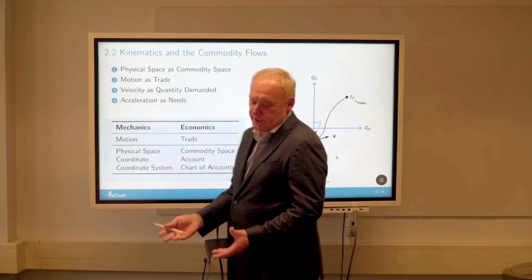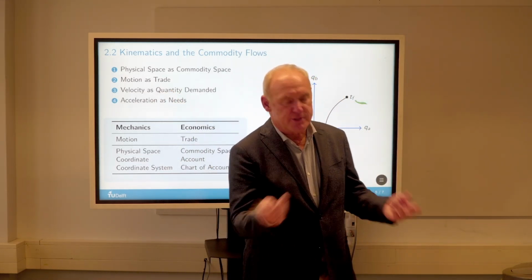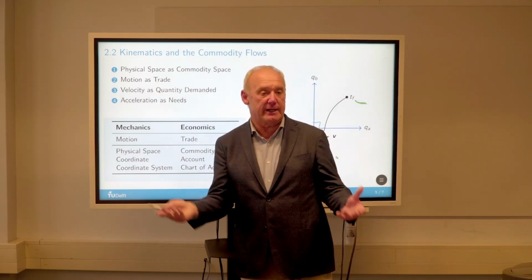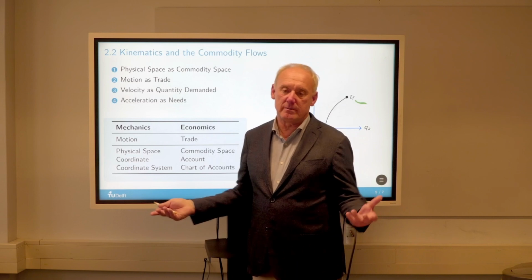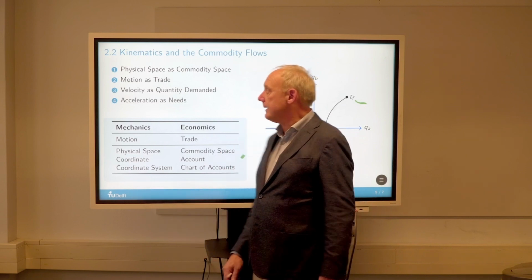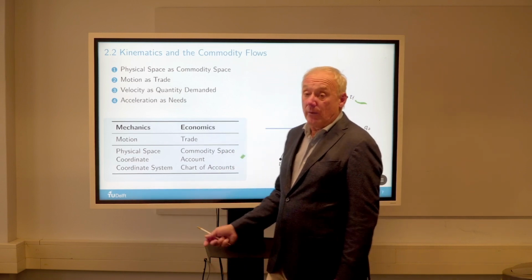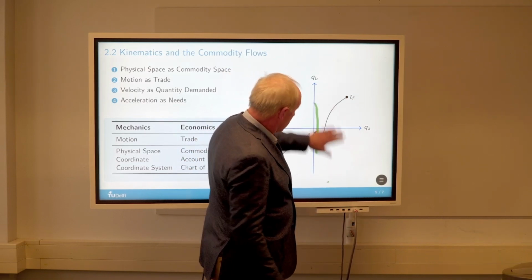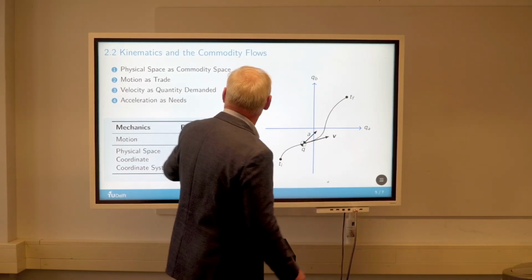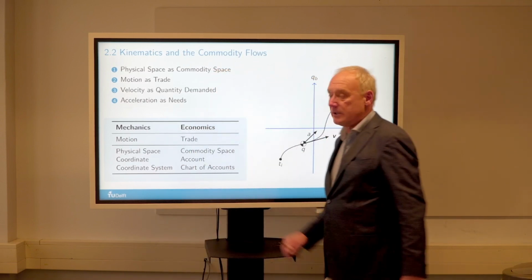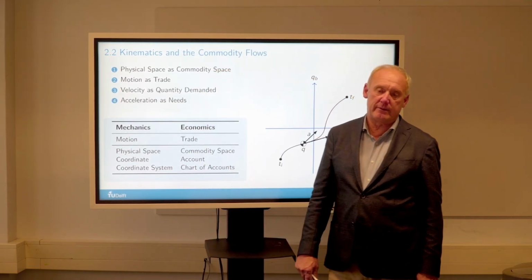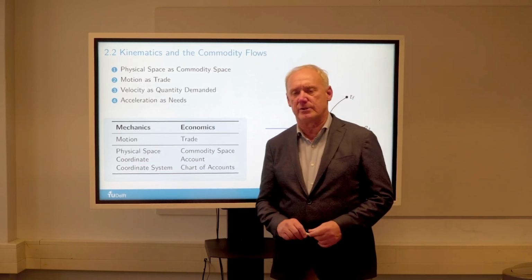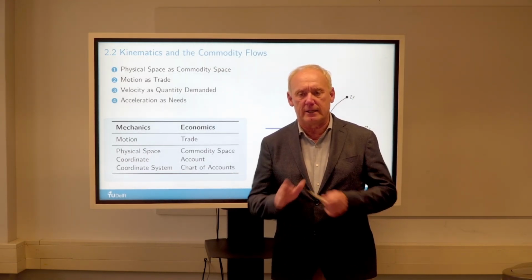Think of motion in the general sense, like the equations of motion, as trade. Without trade and interactions, there's no motion. That's the motion. Now, for economists, the velocity is what they call the quantity demanded, which in the theory of demand comes out of nowhere.